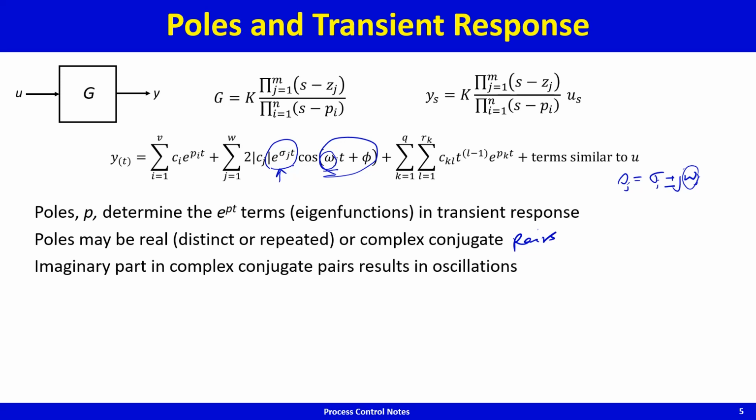So imaginary part in complex conjugate pairs results in oscillations, and the frequency of oscillation is equal to the magnitude of the imaginary part of the pole.